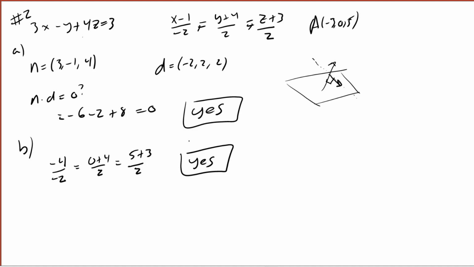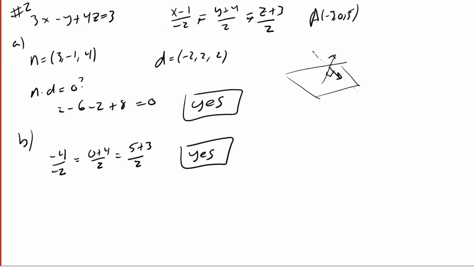So determine the parametric equation for the line M that passes through A and is perpendicular to P. So if it's perpendicular to the plane, that means that the direction vector is going to be the same as the normal. And we know the point. Right, so M is going to be our point that it goes through, minus 3, 0, 5, plus t times our direction vector, which is going to be the same as the normal.